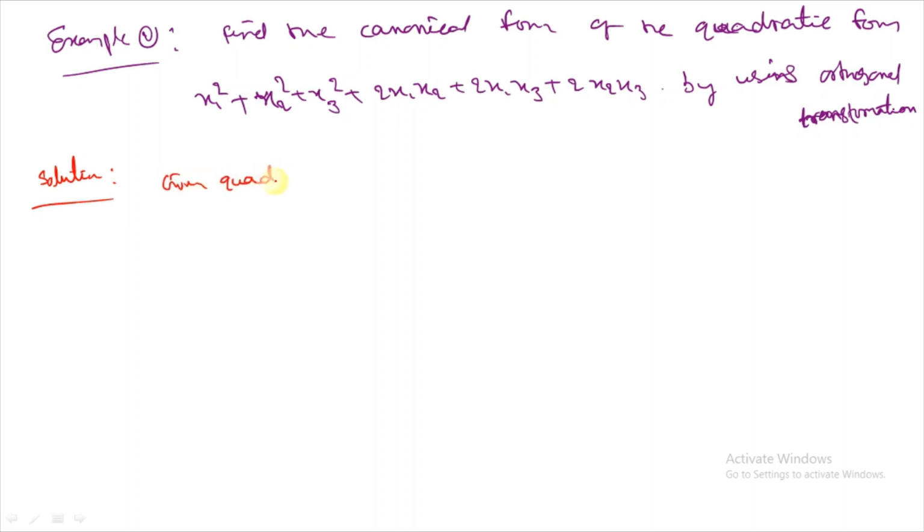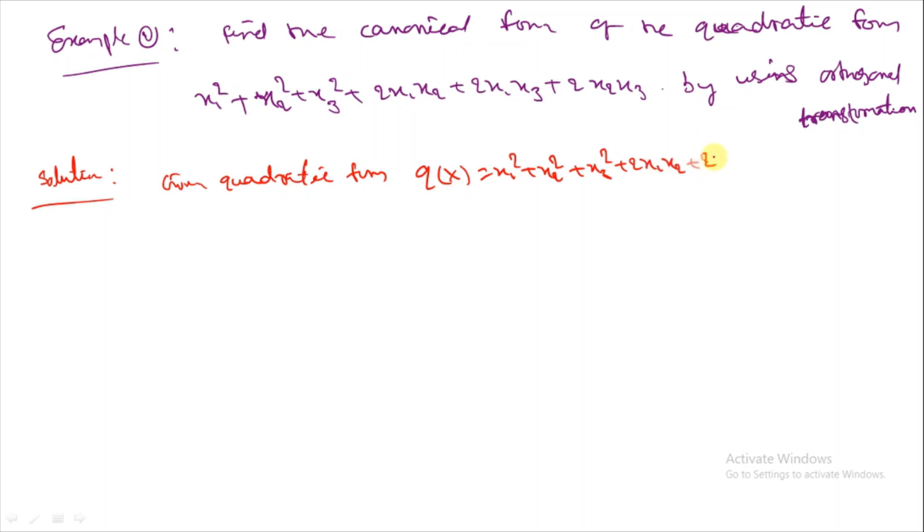Given quadratic form is q of x equals x1 square plus x2 square plus x3 square plus 2 x1 x2 plus 2 x1 x3 plus 2 x2 x3.